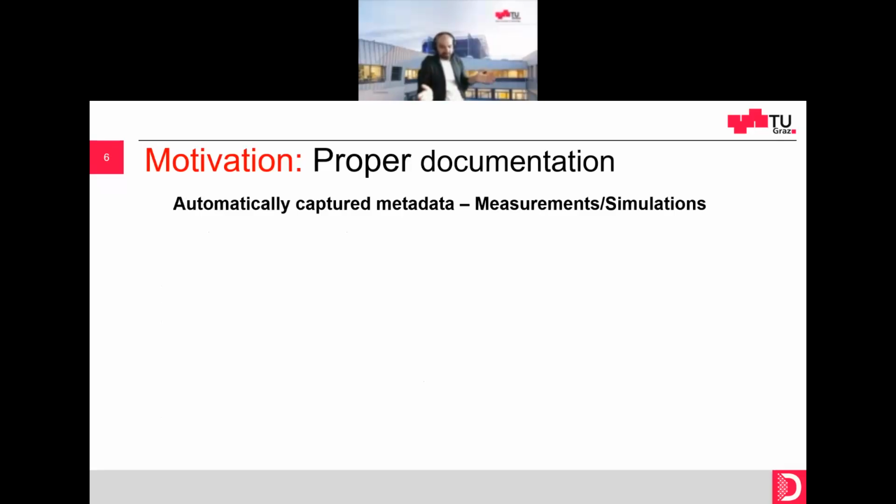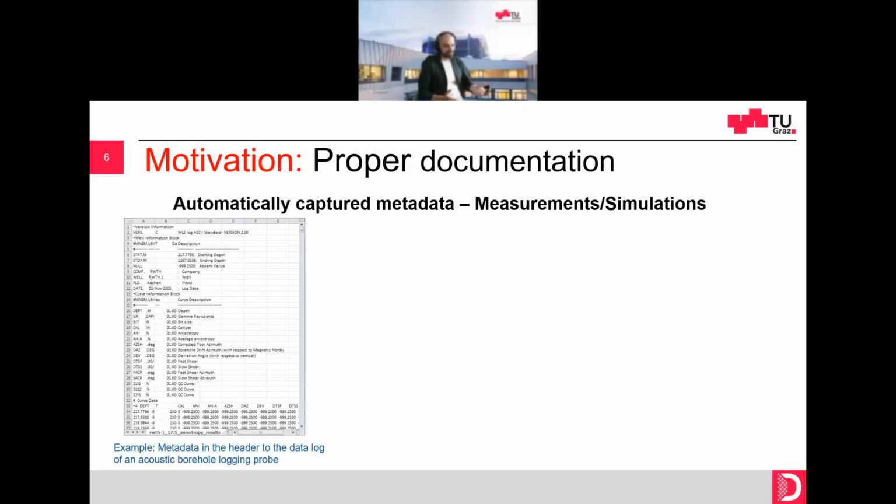Besides handwritten documentation, there's also already automatically captured metadata, especially from measurements or simulations. On the left side, you can see a metadata sheet from a Borer logging probe, where you can see that all of the relevant metadata is already there. So there's nothing that has to be handwritten.